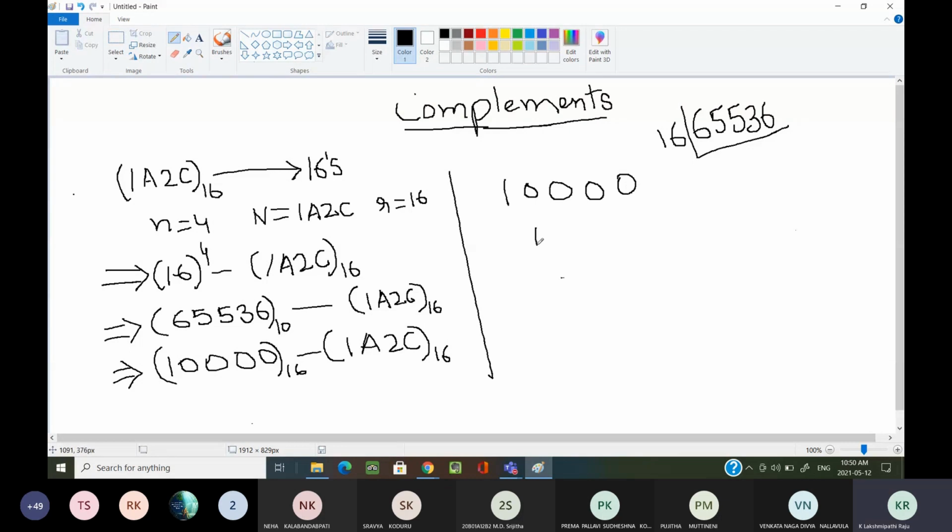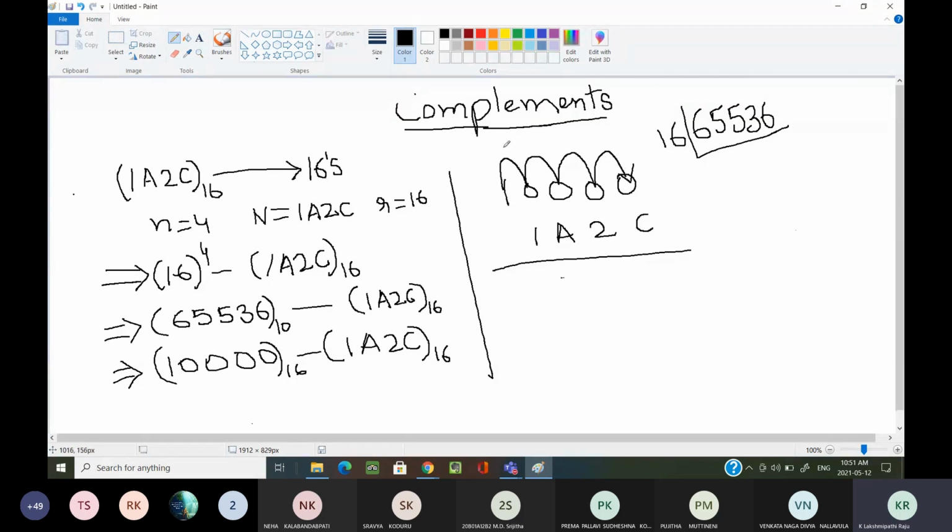Now, as usual, what are we doing? 0 minus C is not possible in subtraction, so we are taking a borrow, from here to here, from here to here, from here to here.